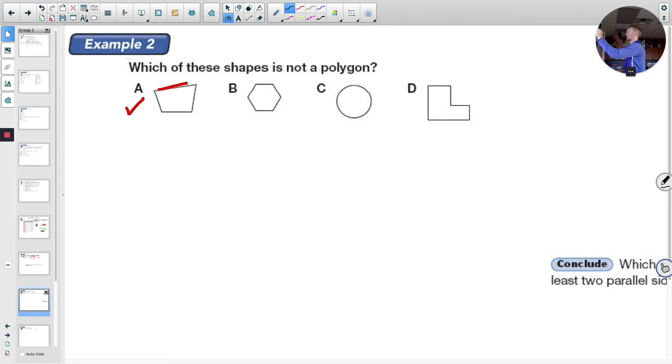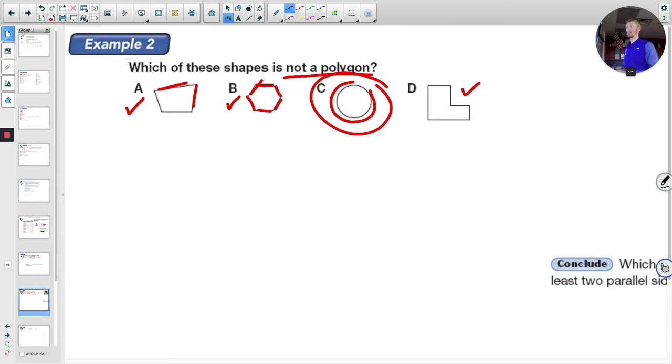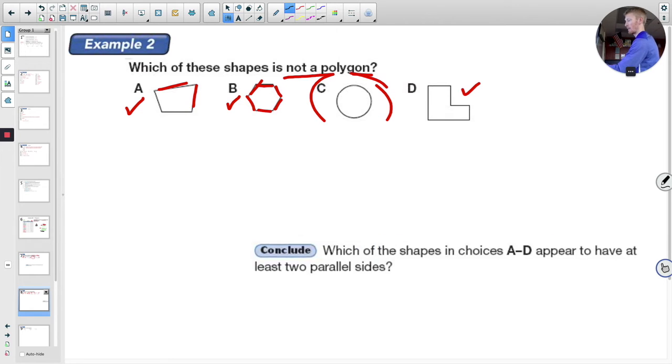They're all flat. Everything is closed. B is a polygon. Flat sides. Everything closes off. D as well. C is not a polygon. C is not a polygon because the edges are curved. You can't have a curved edge and be a polygon. It has to be flat line segments. So C would be the answer.